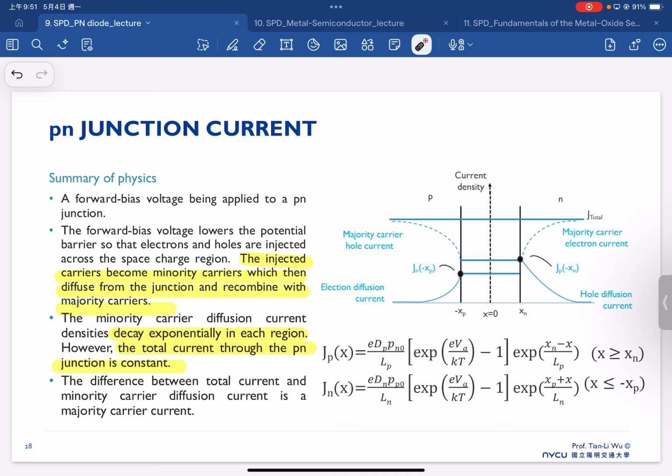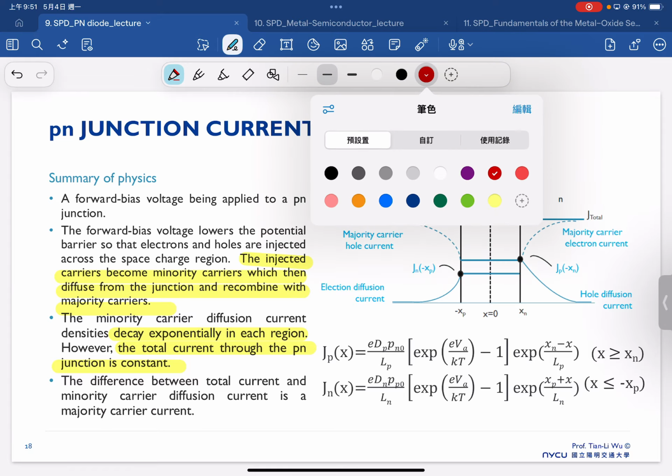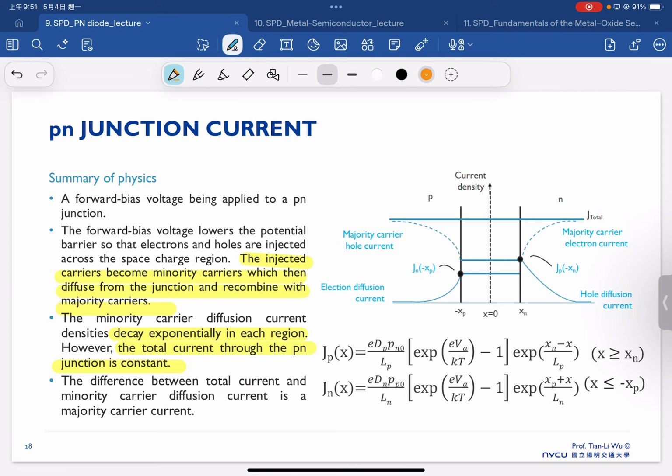So the idea is, first of all, we try to find a way to estimate the current here and current here, and therefore the total current will be equal to 1 plus 2. That's our third step.